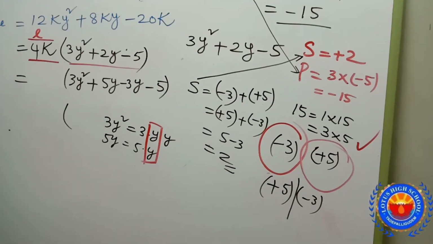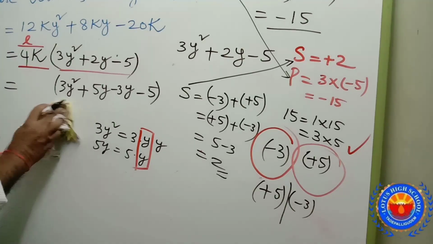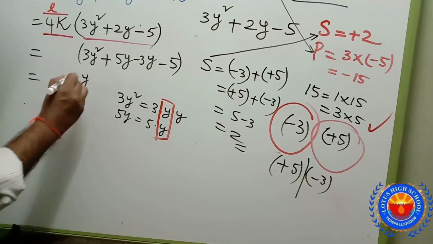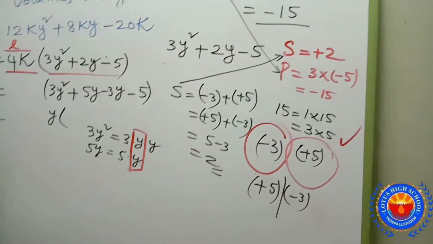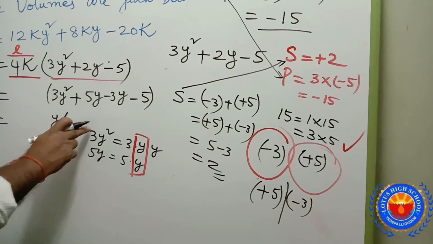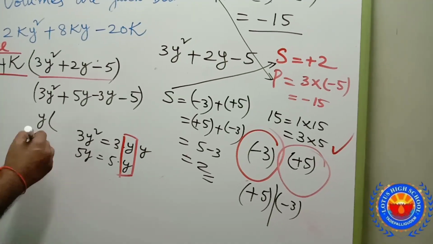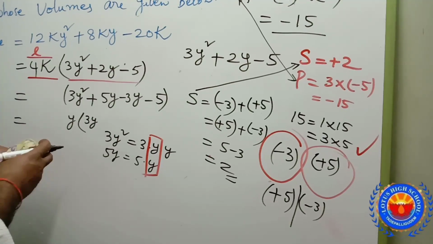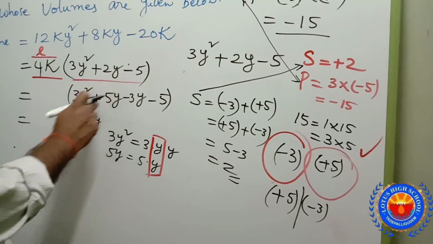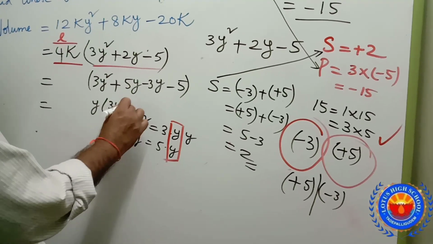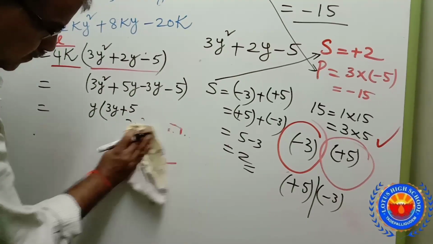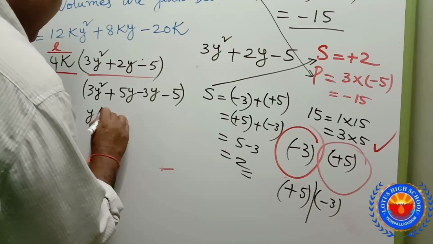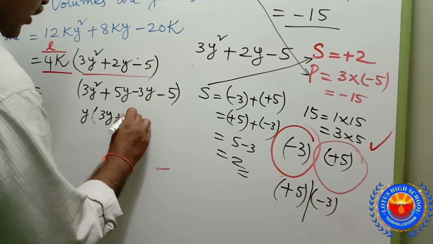That's why you take y as common. y into 3y square by y, which is nothing but 3y, and next 5y by y is nothing but plus 5. So y into (3y plus 5).